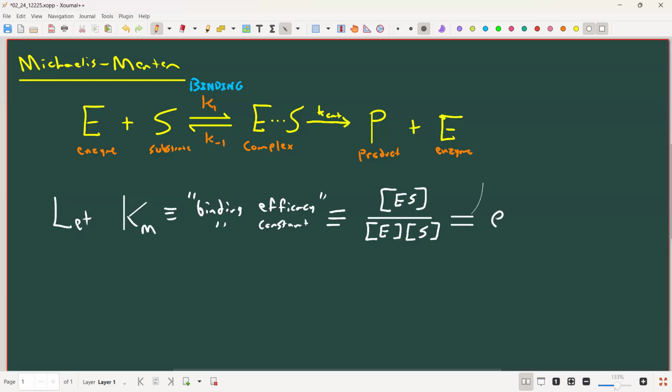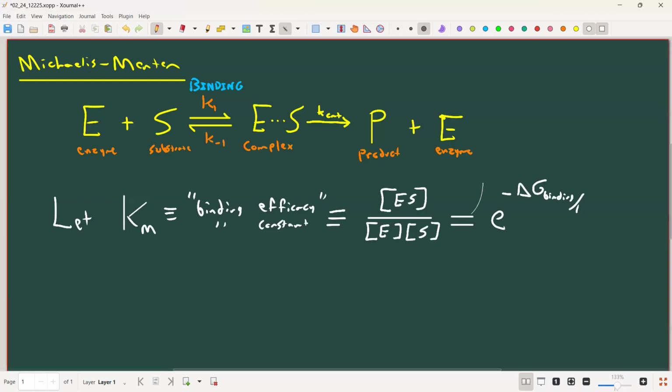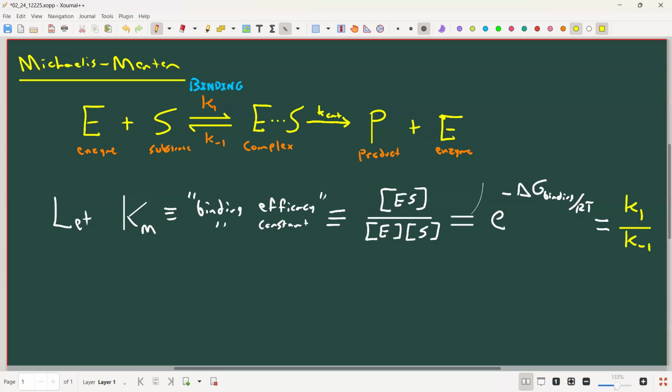It's e to the minus delta G binding, whatever the Gibbs energy of binding is, over RT. And as I showed you guys last time, this is also equal to the ratio of the forward to the reverse rate. There's lots of different ways we can think about equilibrium. We can think about it in terms of delta G. We can think in terms of rates. Doesn't matter.